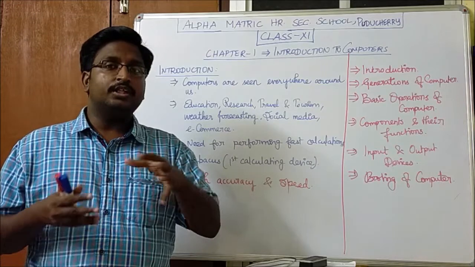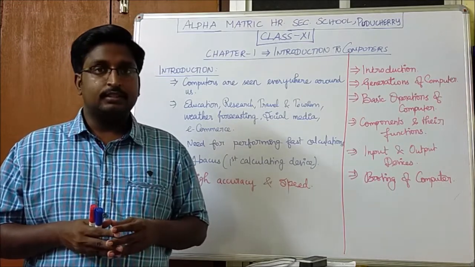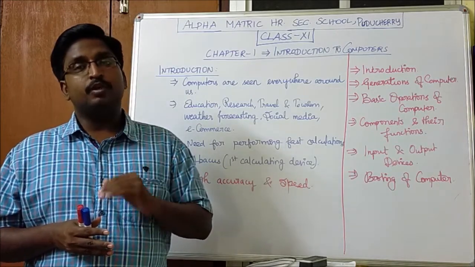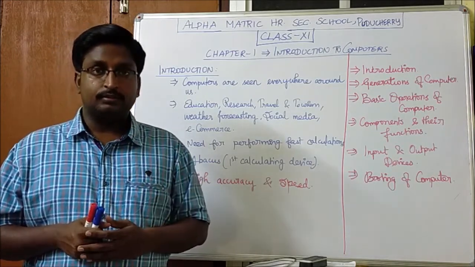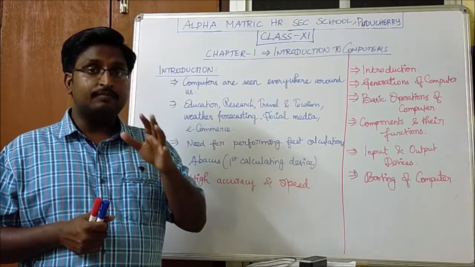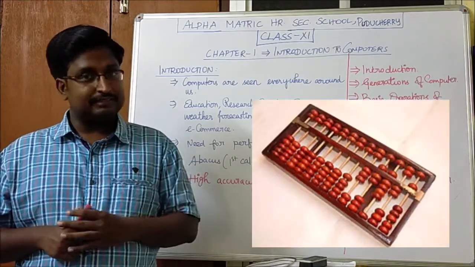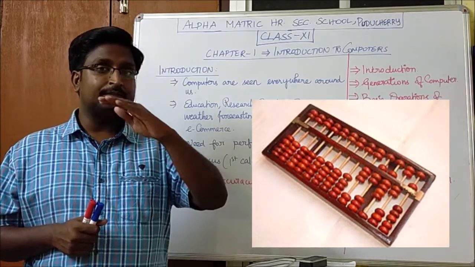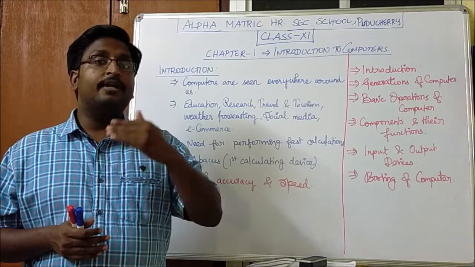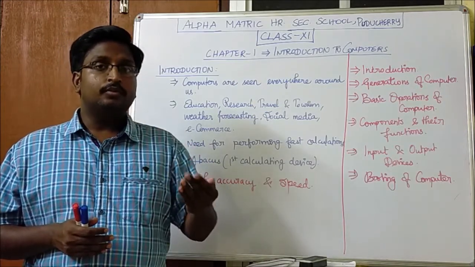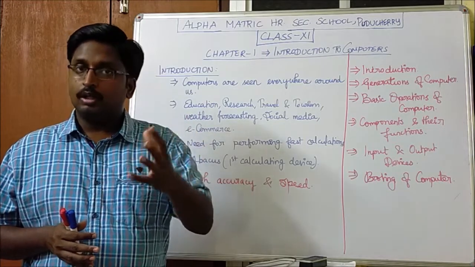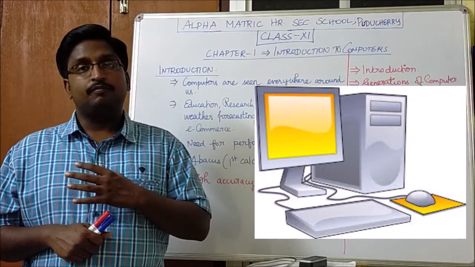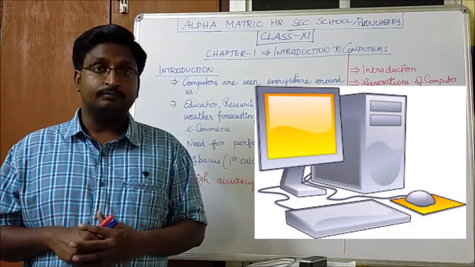To avoid these drawbacks, they thought to develop a device which performs calculations at a faster rate. Like that, they developed the first calculating device, the abacus. Having the abacus as a base, they upgraded their invention, and now we have the device called the computer, which performs calculations at a very fast rate with high accuracy.